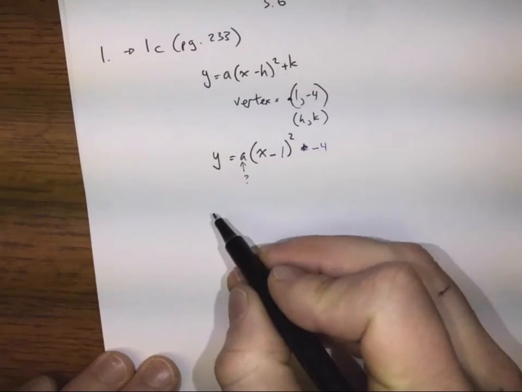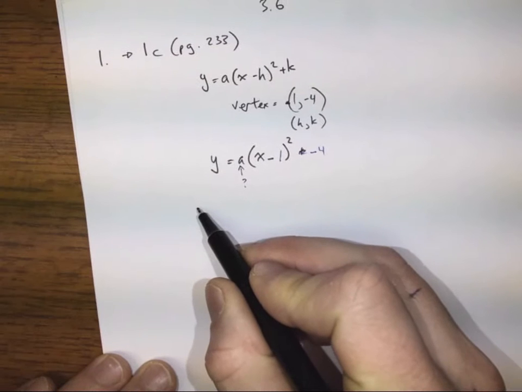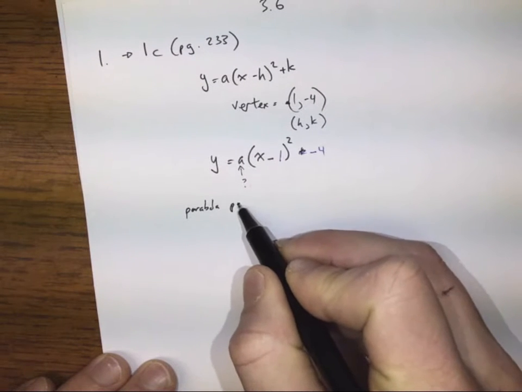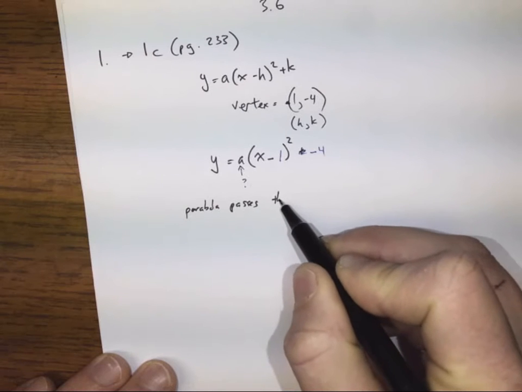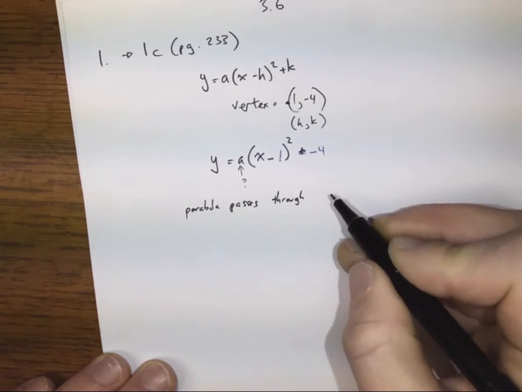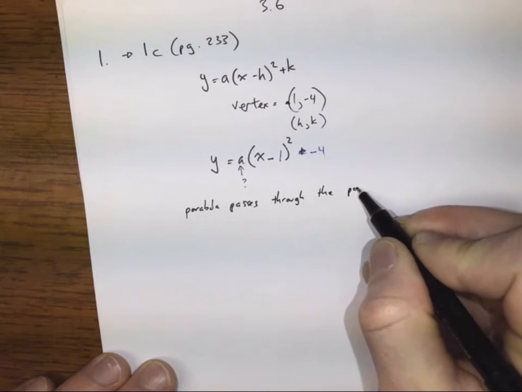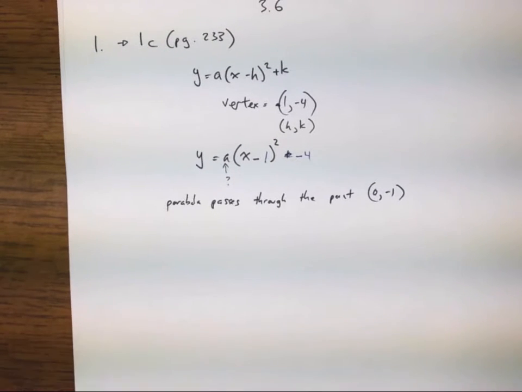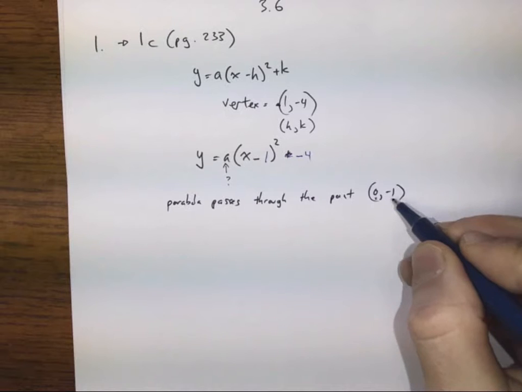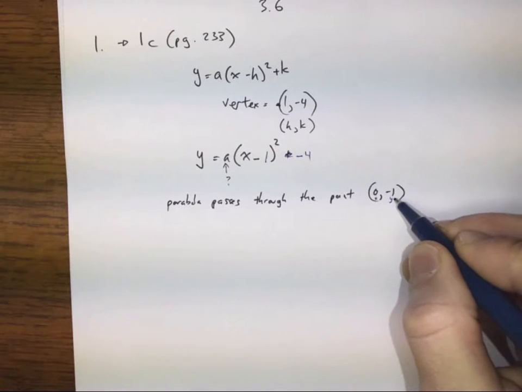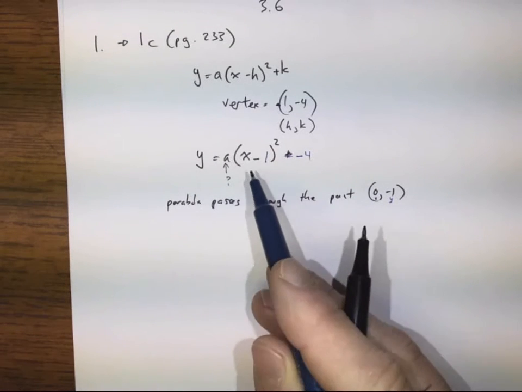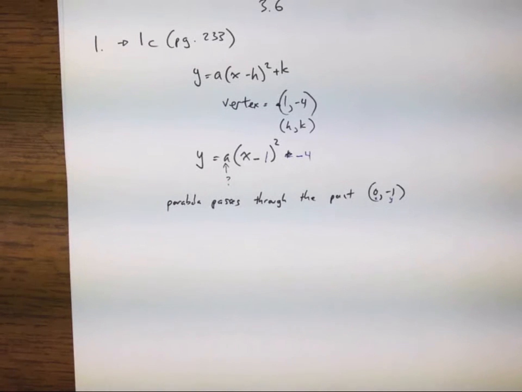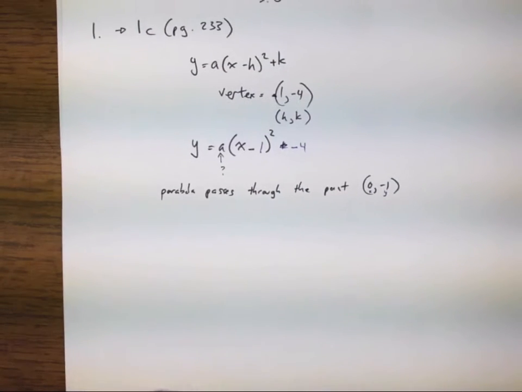So the parabola passes through the point 0, -1. We're going to say that's our x value and that's our y value. We should be able to plug those in for x and y, and then only have a one-variable equation. Then we'll just use algebra to solve for it.